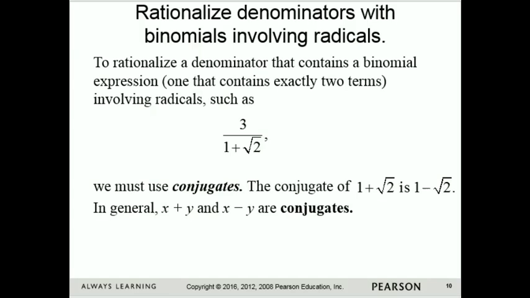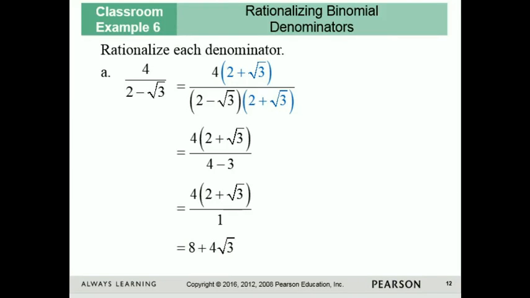So going back to this example here, we determined that the conjugate of this was 1 minus the square root of 2, so to rationalize this, we would multiply the numerator and the denominator by this conjugate, 1 minus the square root of 2. So they don't use that example, but we're going to go ahead and look at what example they do use here.